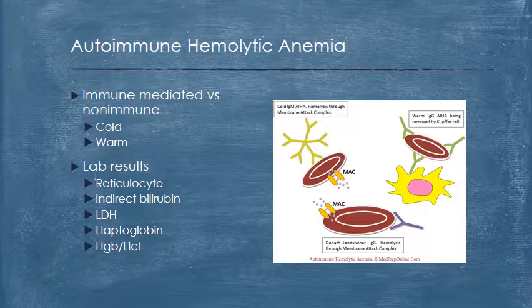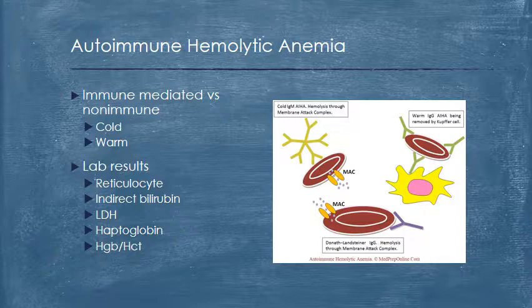Okay, there are other causes of hemolysis that aren't necessarily a part of autoimmune hemolytic anemia. So we need to be on the lookout for some of these other causes of these hemolytic anemic events that don't really have an immune mediated issue.